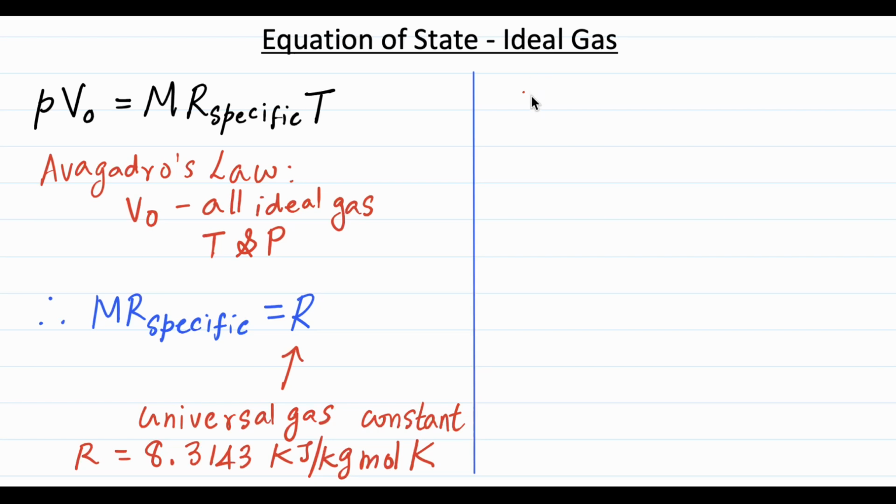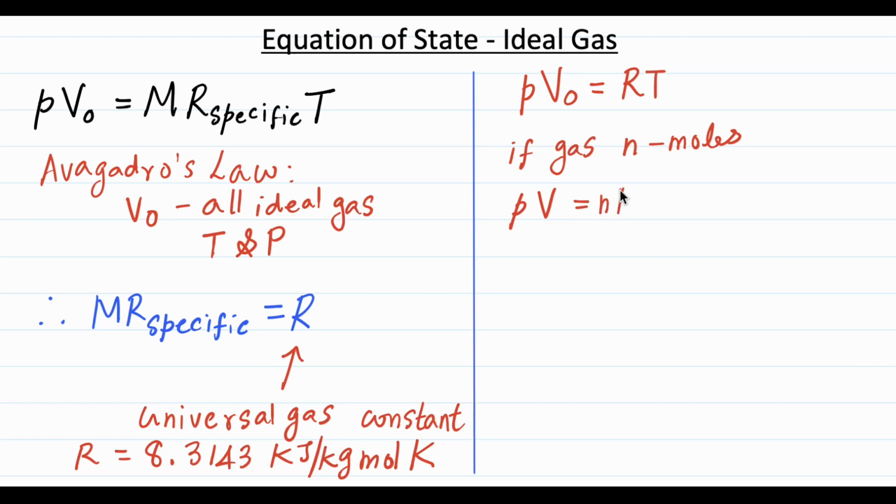So now we can rewrite the expression as PV0 is equal to RT. If the gas contains n moles, then we can rewrite the expression as PV is equal to nRT.